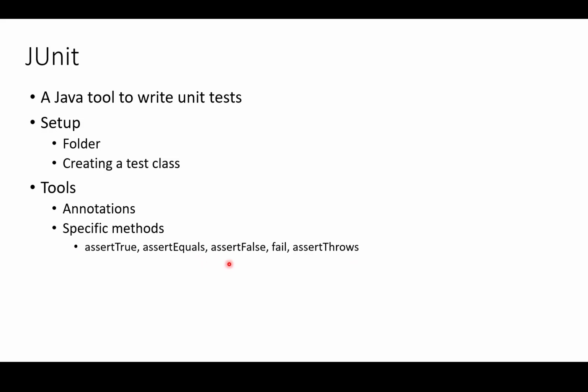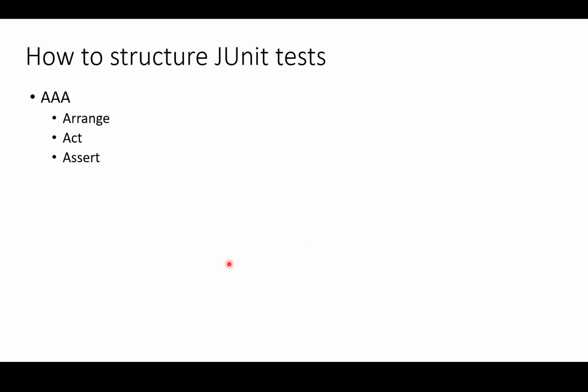All right. So before we jump in, a few comments about how to structure your unit test. There is the AAA approach, which means that we want to first arrange, then act, and then assert. And we try to write our unit test to follow this. So here we set up the test case.